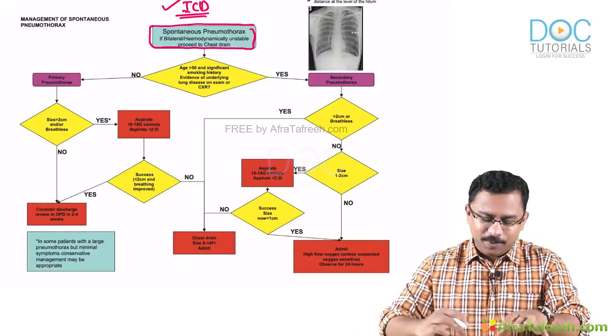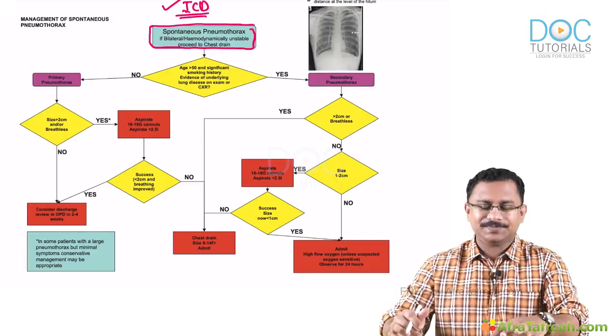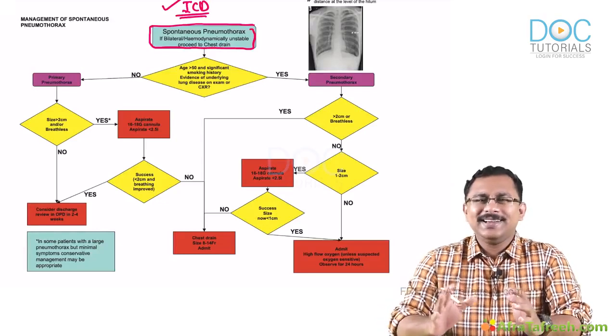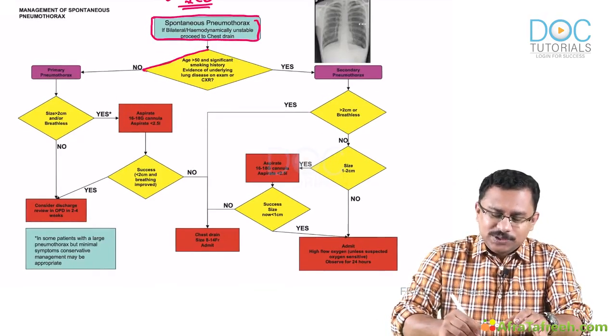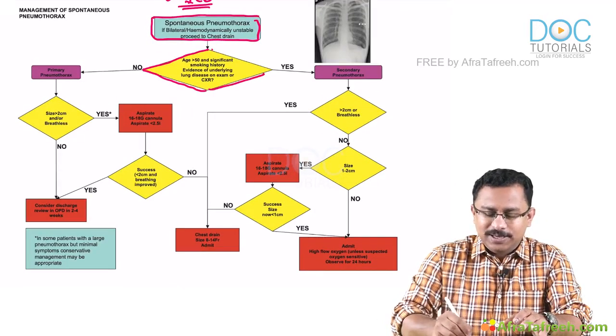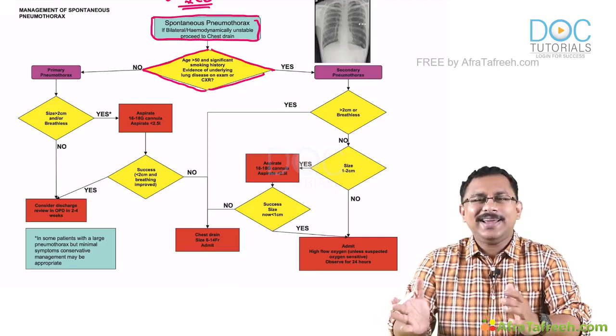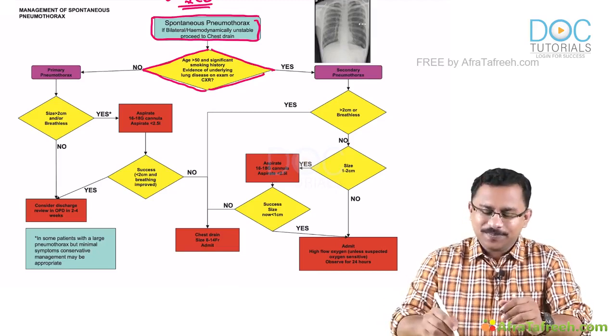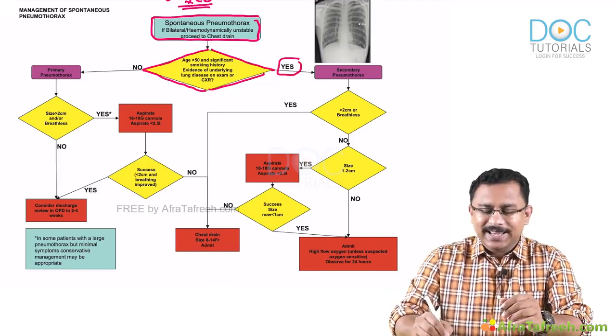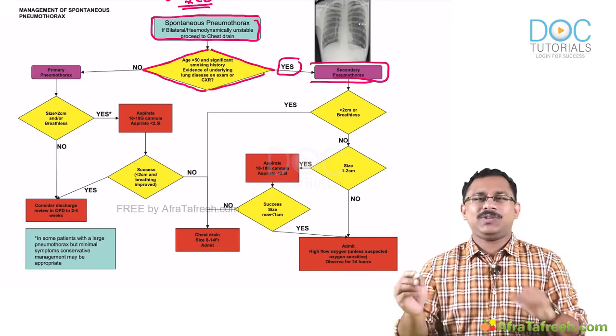The next point is, suppose the patient is not in any significant hemodynamic compromise. Suppose your patient is above 50 years and is having some underlying lung disease already, for example COPD. In that case, he is likely to have what? A secondary pneumothorax.